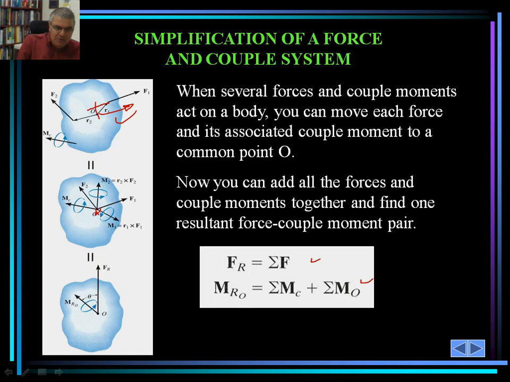We can also, after bringing all the forces into one point and all the moments going through the same point, simply replace the entire moments and the forces with one single force and one moment, a force couple moment.